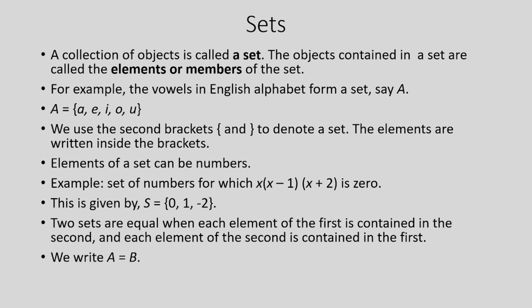A could be written as, you can see, A is equal to, then within the brackets we have a, e, i, o, u. These are the 5 vowels in the English alphabet, and there is no other 6th vowel. So we have included all of them in this particular set. The set is called capital A.